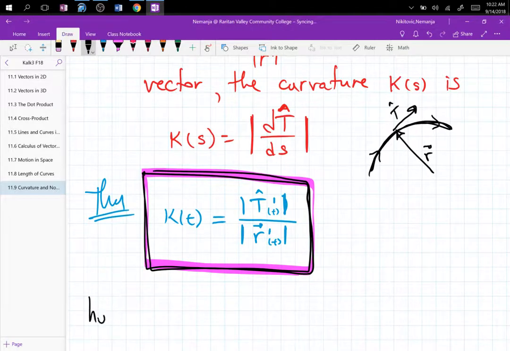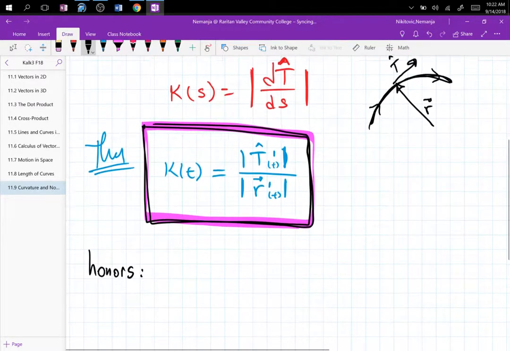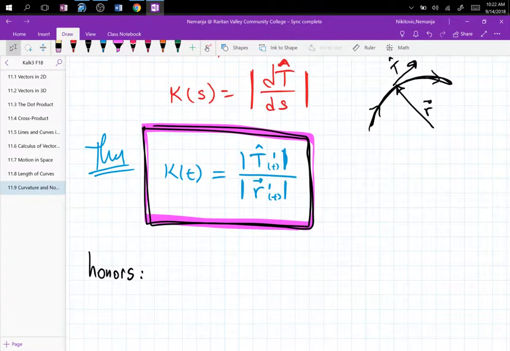I'll put here honors. This is a derivation that you are responsible for, and it will show up a few times during Calc 3. Honors, it's the switch from one to another.